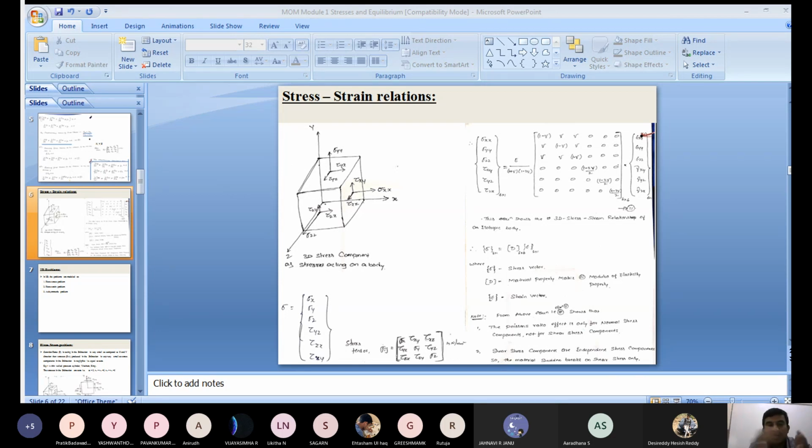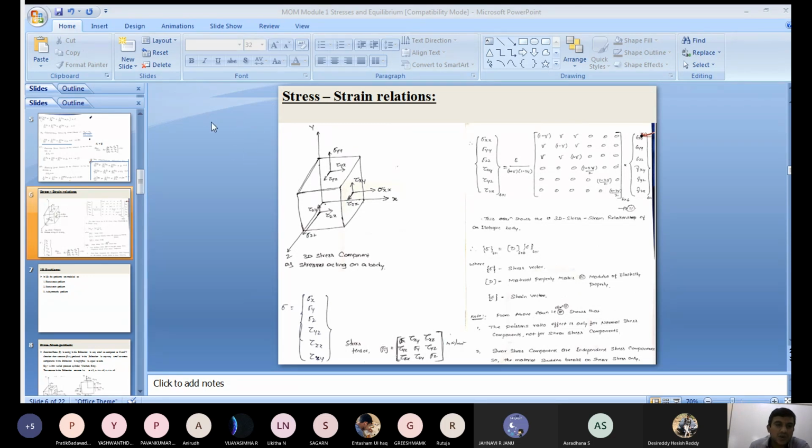Those planes are similar, meaning x plane, negative x plane, y plane, negative y plane. That's why instead of considering 6 faces, we consider only 3 faces. Each face has 3 stresses: 1 normal stress and 2 shear stresses. So 3 into 3, total 9 stresses are acting. But again, we consider complementary shear stresses.